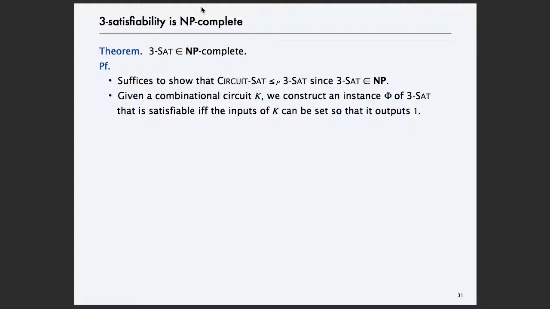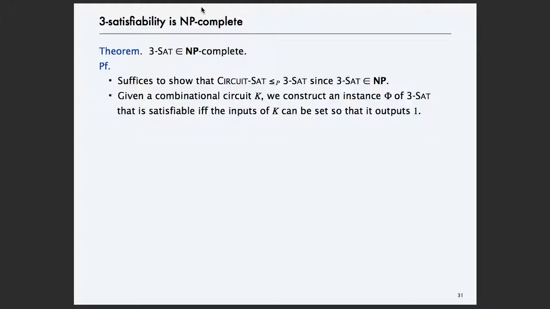So how could we show that 3-SAT is NP-complete? We know that 3-SAT is in NP, because we saw that before, right? The other way of looking at it is also given C is the assignment that would satisfy, right? And you can show that it's testable in polynomial time.